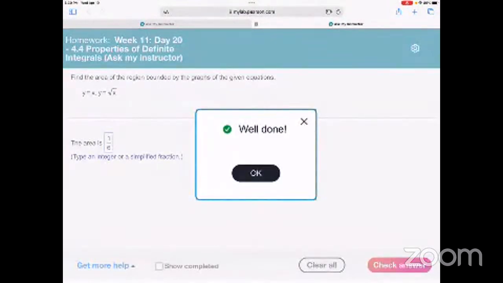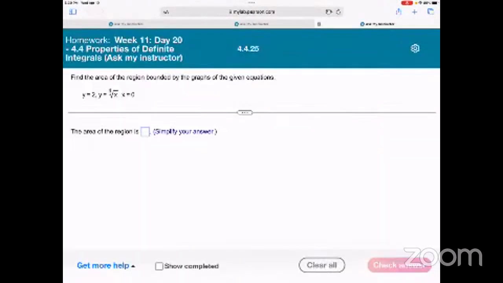I think we had another one, so I'm going to go ahead and pull that one up as well. Okay, right here. We want to share right here. Find the area of the region bound by the graphs of the given equations.